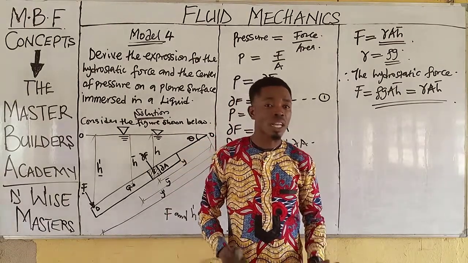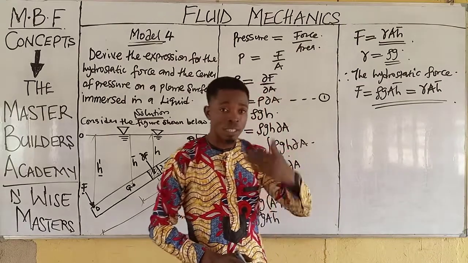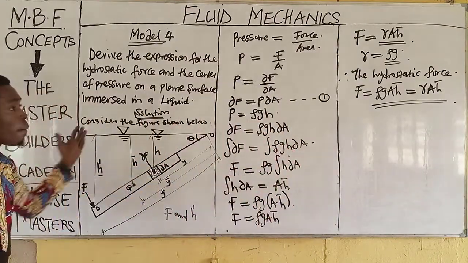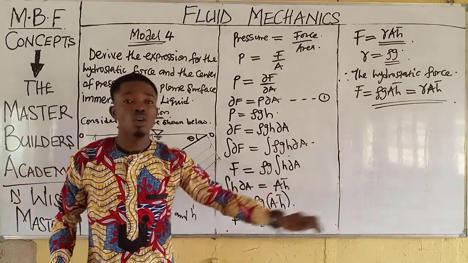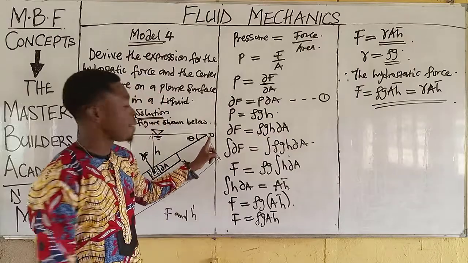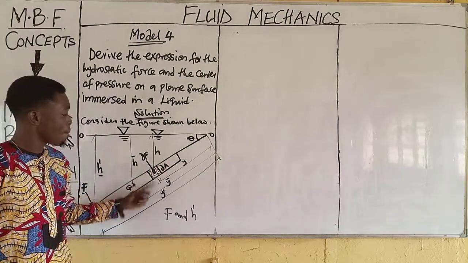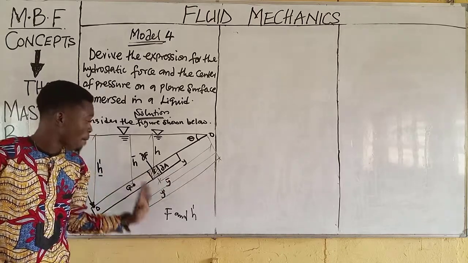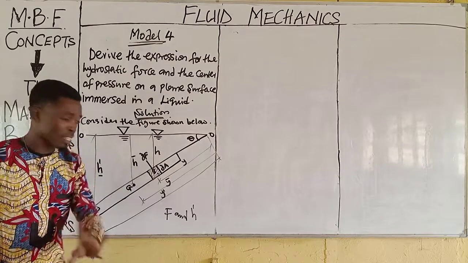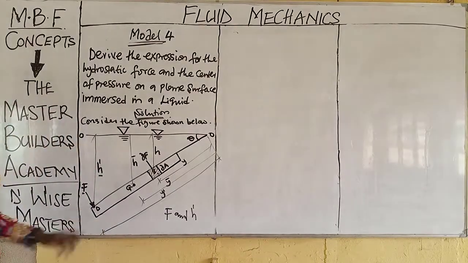The next thing we are quickly going to do is to obtain the center of pressure, which is h prime. To obtain this, all we simply need to do is take moment about O. Moment is force multiplied by perpendicular distance. Similarly, we have these two forces acting here.